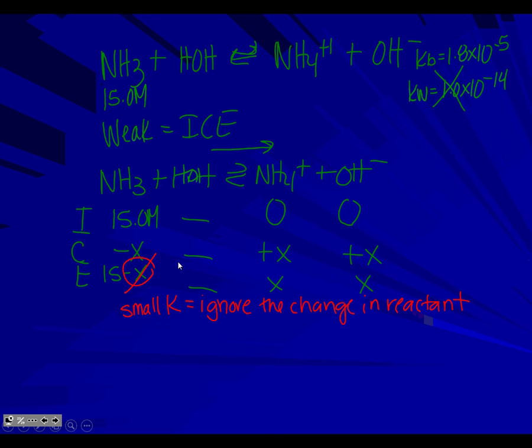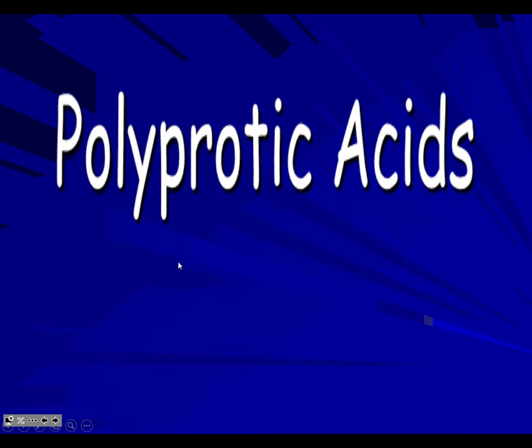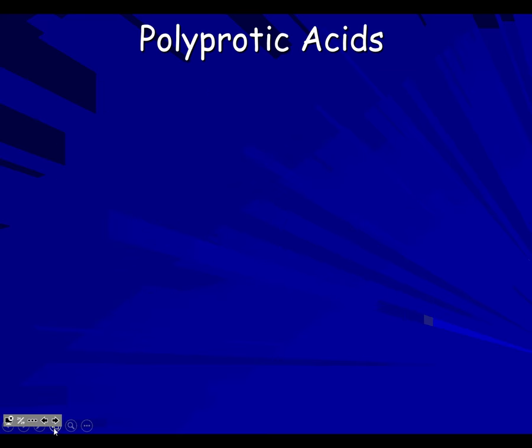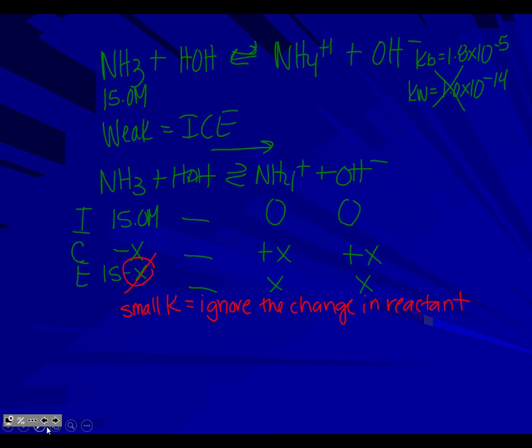I'm going to go ahead and move over to another slide so I have a little bit more space to work. Whoops, I'm going to need to add a slide in. Okay, so we are down to writing our Kb expression.